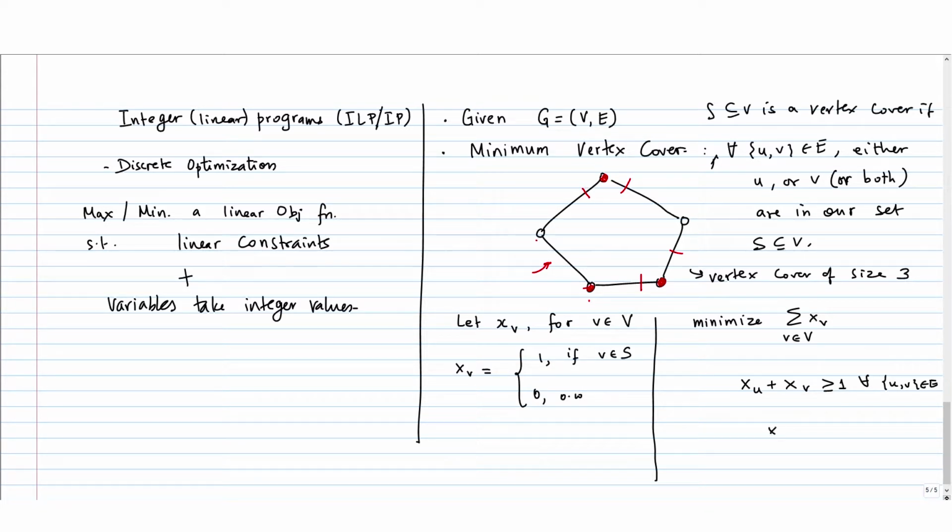And finally, instead of the non-negativity constraint, what we have is the integrality constraint that the variables take only values 0 or 1. So, this is an integer linear program, and if you could solve this problem, then you have an optimal solution for the vertex cover problem, right. Any questions?